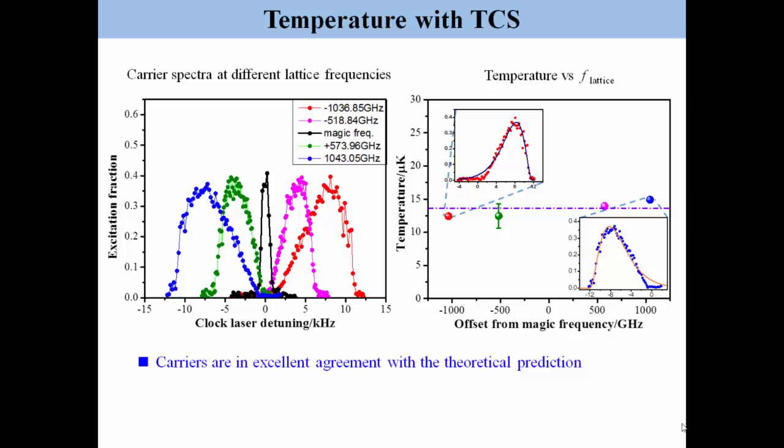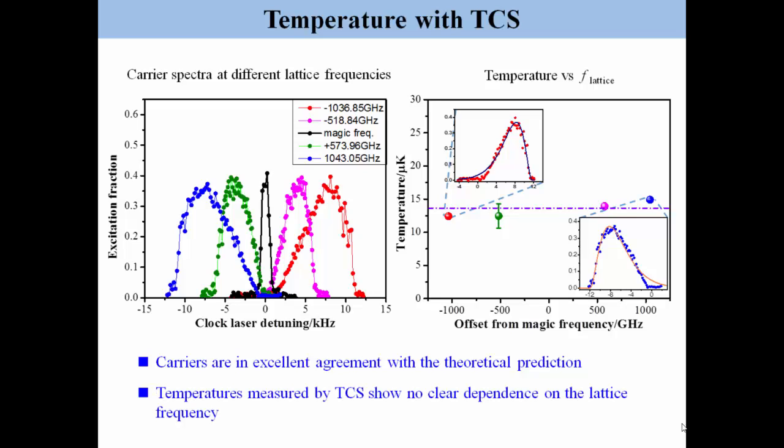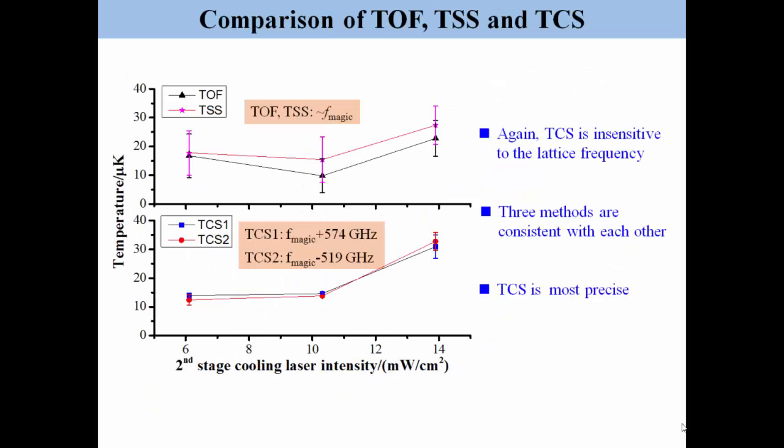We use the theoretical model for data fitting and find that the temperature measured by the TCS shows no clear dependence on the lattice frequency. To confirm the temperature at the magic frequency is the same as in the non-magic case, we use another two methods.